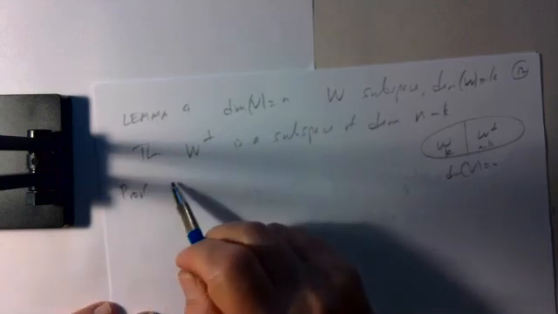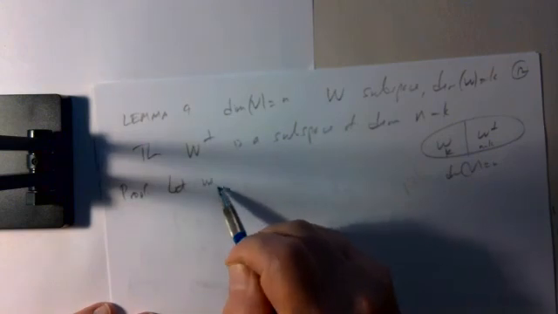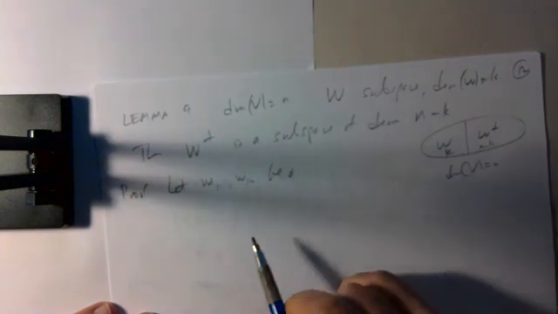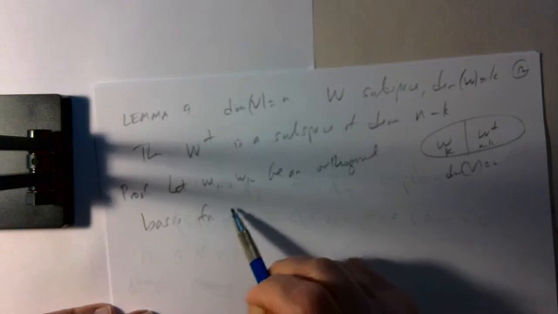Proof. Well, suppose we let w1 up to wk be, let's make it easy, an orthogonal basis for W. Every vector space has a basis.